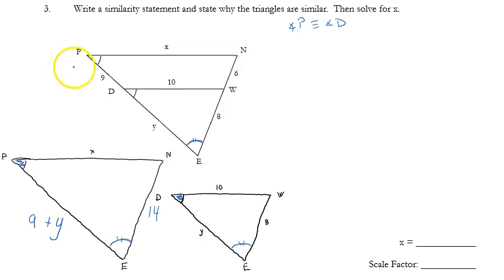If you don't draw them out separate, you would have to not say angle D, but angle EDW or angle WDE. And angle E is congruent to angle E. We do have to defend that by the reflexive property.